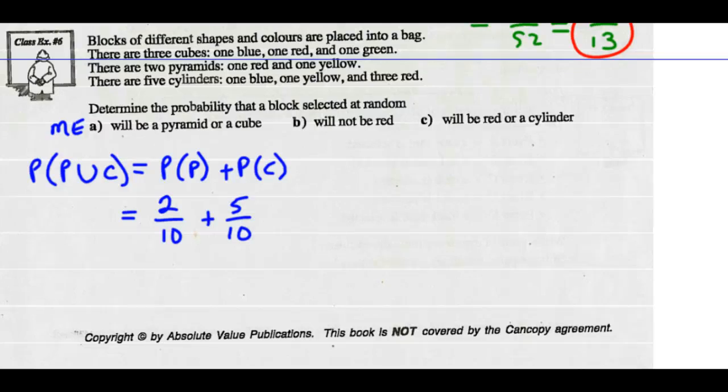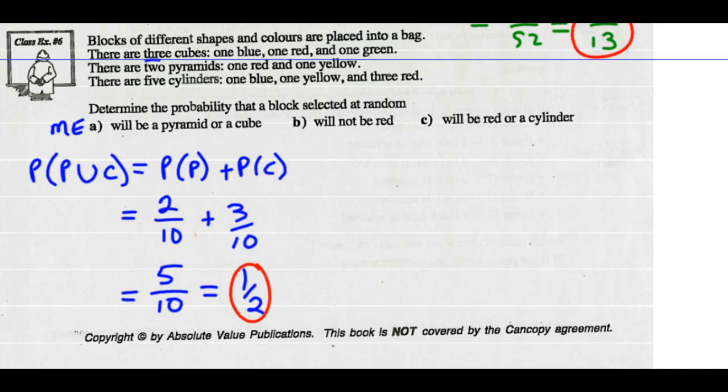However, we don't want a cylinder, we want a cube. Sorry. There are 3 cubes out of 10. So 2 pyramids, 3 cubes, we've got 5 shapes out of 10. So that's a probability of 1 out of 2 choosing a pyramid or a cube. Part B, what's the probability that the item will not be red?